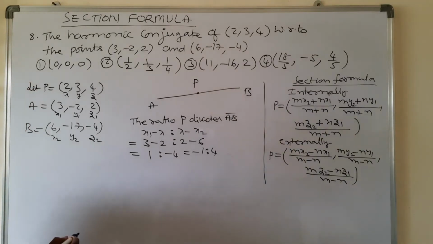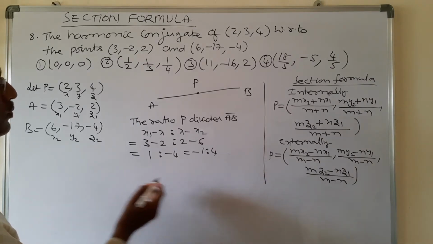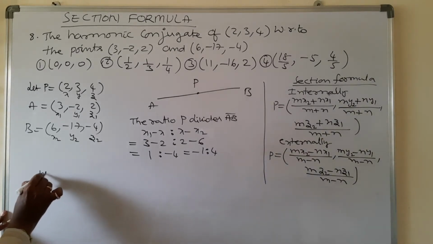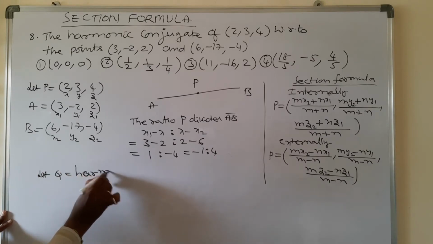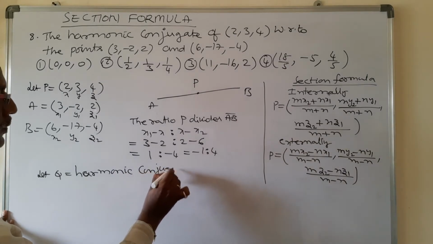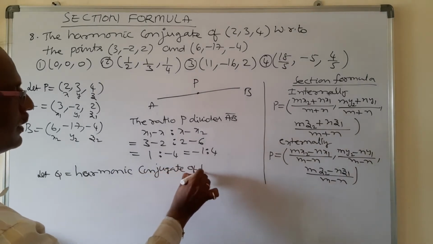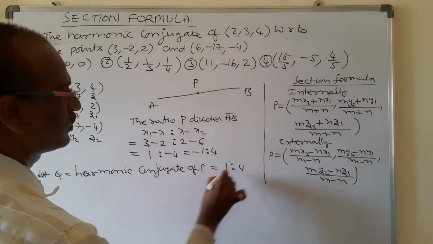Then for Q, the harmonic conjugate of P, the ratio is taken as plus 1 is to 4. Let Q be the harmonic conjugate of P, the ratio 1 is to 4.